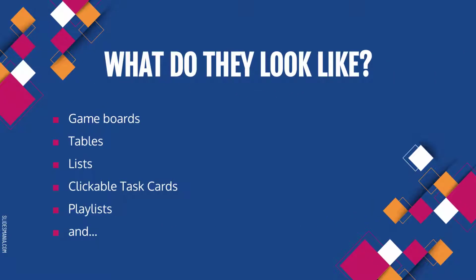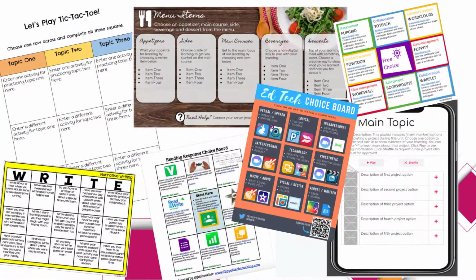So what do they look like? Well, there are so many different types of choice boards, but they often look like game boards, tables, lists, task cards with clickable links, playlists, and so many other examples. So here are a few examples. So you see a tic-tac board. You see that they're most often organized in some sort of table or list.